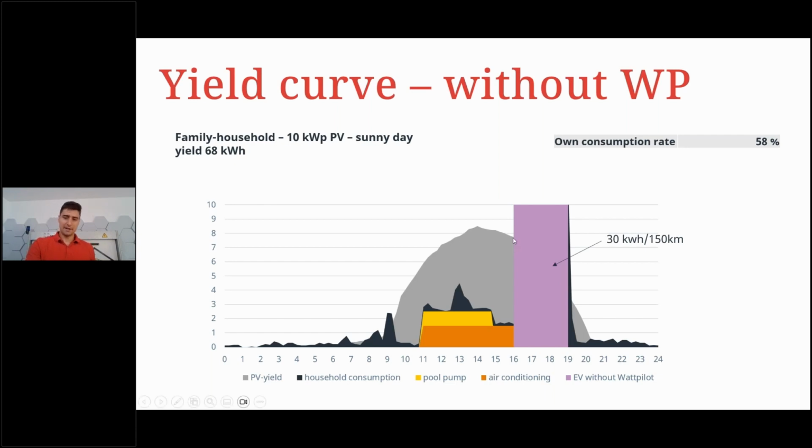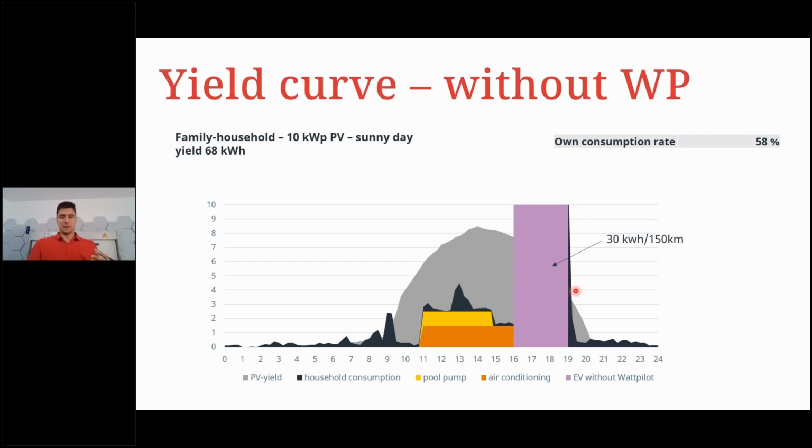And you see that we are again taking a lot of energy from the public grid. So we are producing a lot of energy, but still we need electricity from the public grid to run our electric vehicle. And this we can do much more effectively.